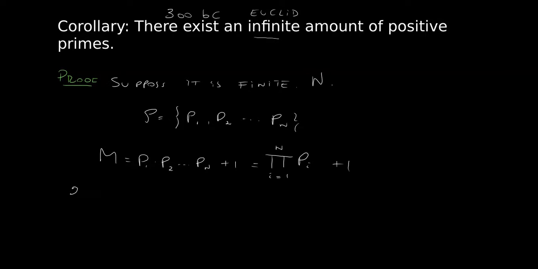Well, we know that 2 is a prime number, then m will be greater than or equal to 2, because we're only considering the positive primes here. With our last proposition, there exists a prime number p such that p divides m. Now this prime p has to be on the list, so we're going to call it p sub i.